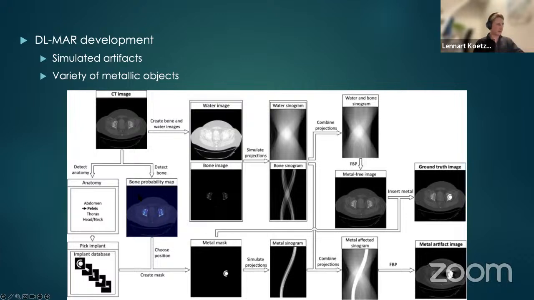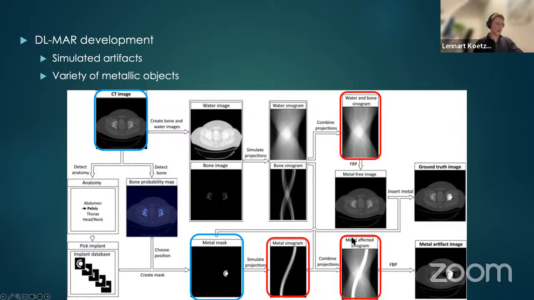So what they did is they had an image where they inserted a metal mask. This mask was determined by another deep learning network, but I will not go into that. Both of these images were forward projected into the sinogram domain and were then combined to get our metal affected sinogram.